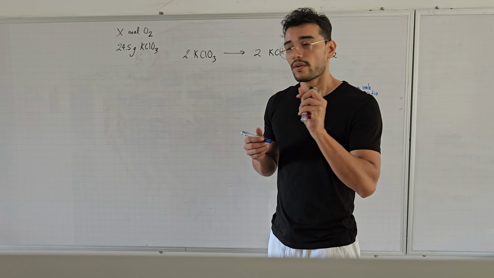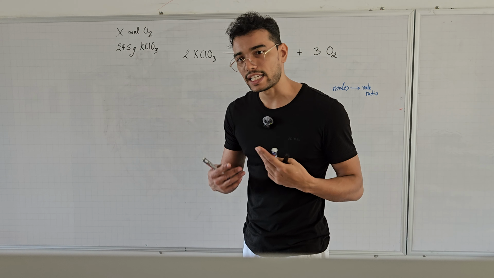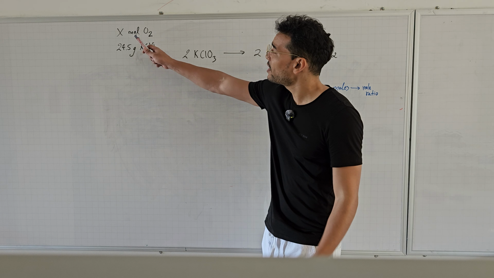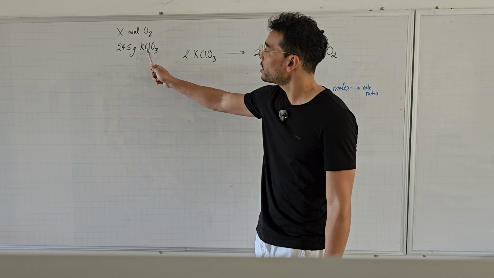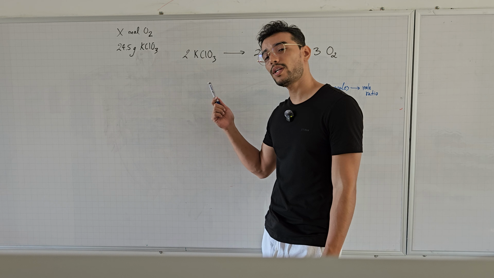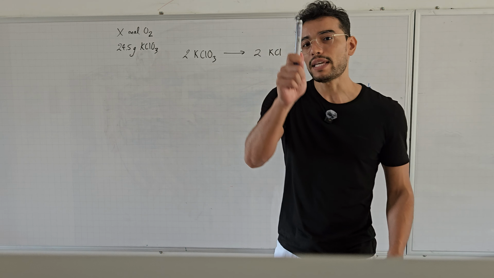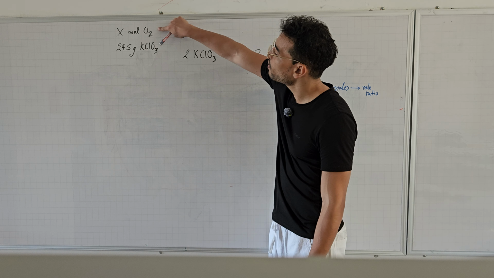First we have to look at what mole ratio the question is asking about. In this case, it is asking about the amount of moles of oxygen, but our starting point is 24.5 grams of potassium chlorate. It means that the mole ratio they are asking about is the relationship between these 2 molecules.